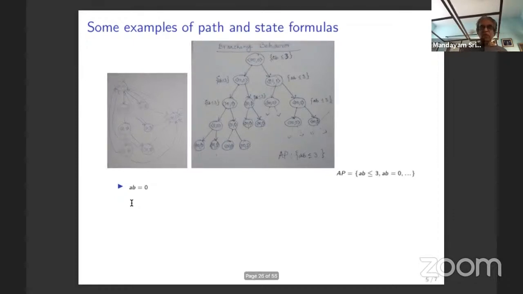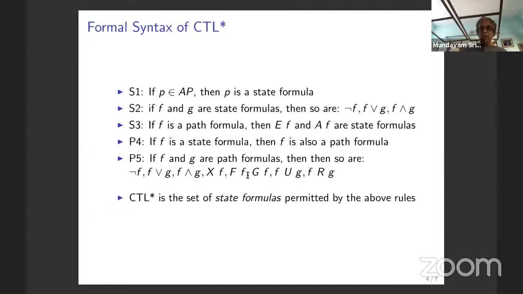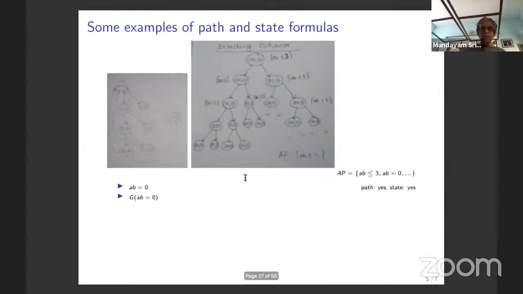Okay, so it's because of this rule. This is the way path formulas are constructed. So here they're using G on a subformula, and this has to be applied only to a path formula. But since AB is equal to 0 is also a path formula, it is a well-formed path formula, but it is not a state formula. Because the only way you can construct a state formula cannot be by using a linear temporal operator. Okay?